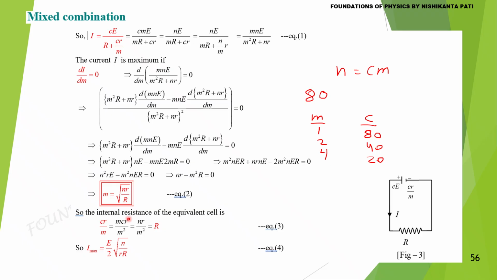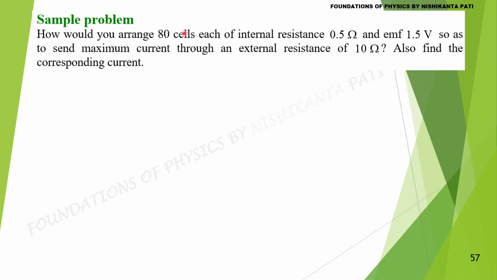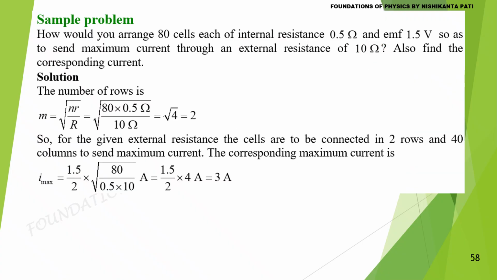The effective internal resistance is mr by M, then it becomes capital R. And I maximum is equal to E by 2 into root over N by Rr. 80 cells have to be connected so that they will send maximum current through a 10 ohm resistor. Find the number of rows and I maximum.